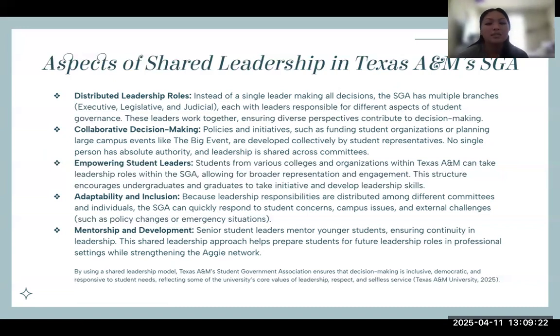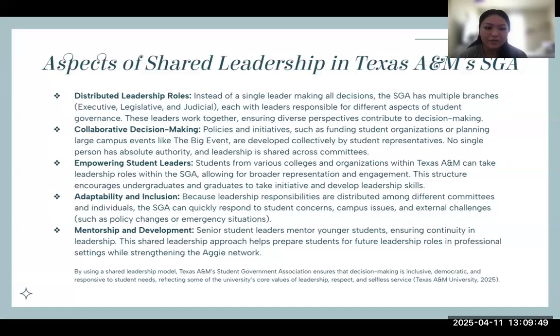No single person has absolute authority, and leadership is shared across multiple committees. As for empowering student leaders, students from various colleges and organizations within Texas A&M can take leadership roles within the SGA, allowing for broader representation and engagement. This structure encourages undergraduates and graduates to take initiative and develop leadership roles.